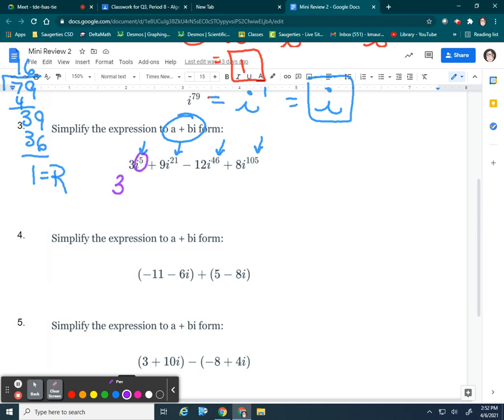Let's see. 4 goes into 5 one time with a remainder of 1. i to the 21, 4 goes into 21 5 times, again, with a remainder of 1. Now I'm going to do this one, minus 12. Let's see, 4 goes into 46. I'm going to do that one off to the side. 46 divided by 4, 1.